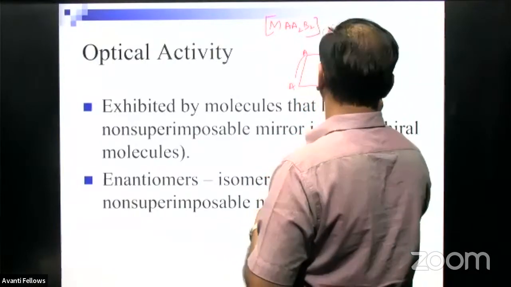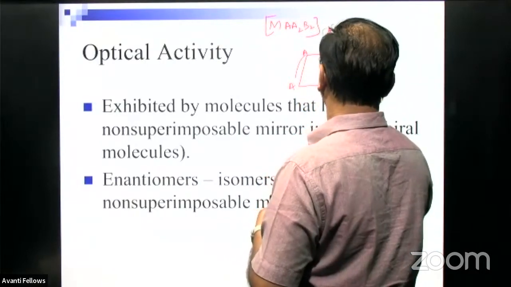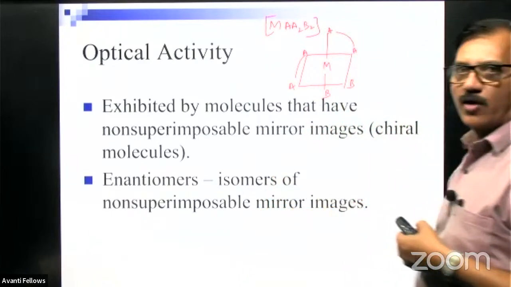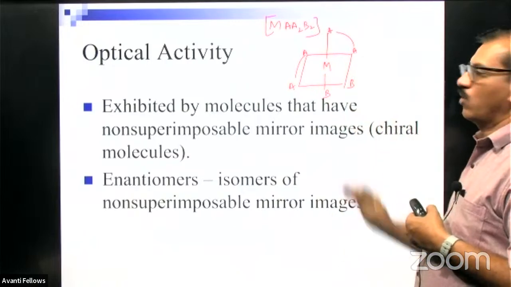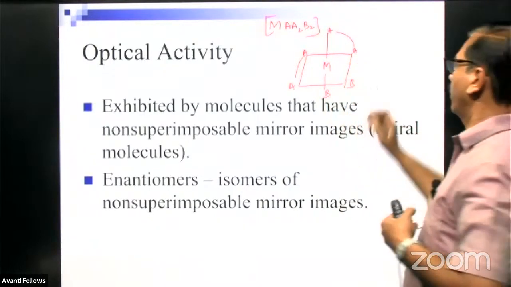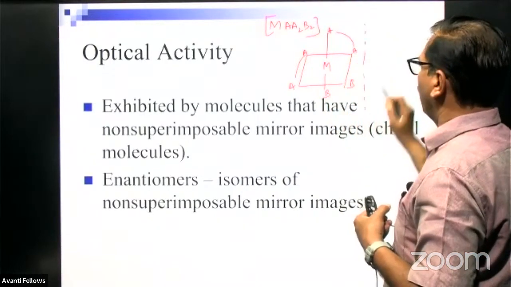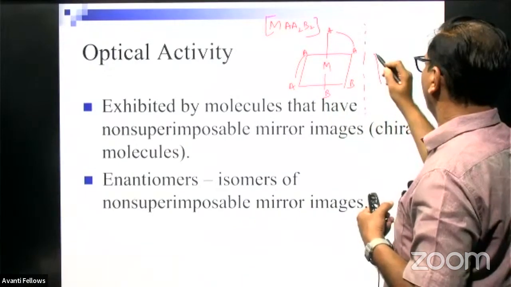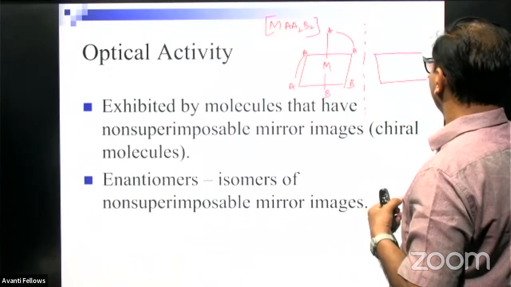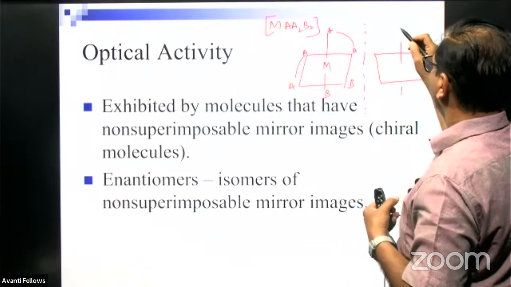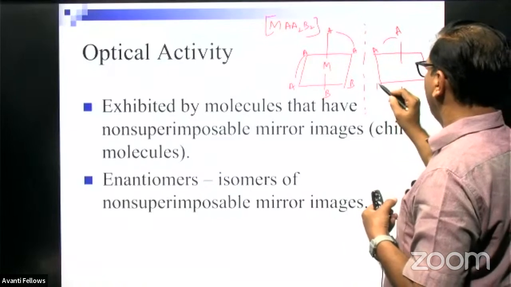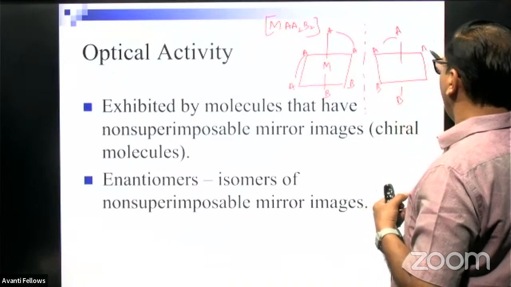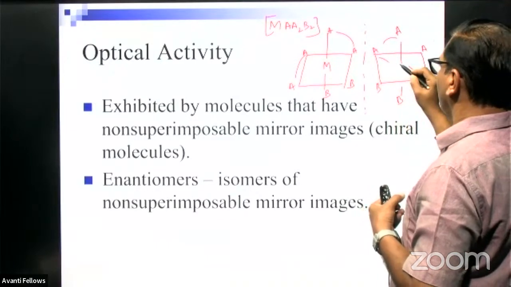This is the cis form of MAA2B2, with all A on one side and B on the other side. It has its mirror image, right? So this will be AA here, B and B, and A and A. So the metal is here.